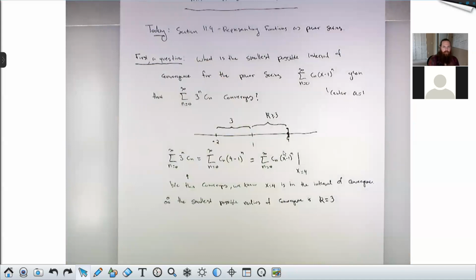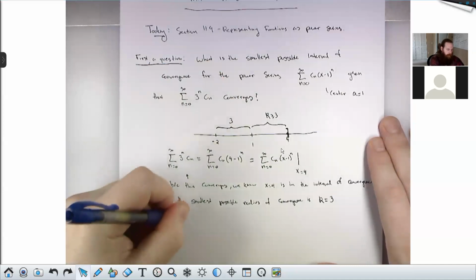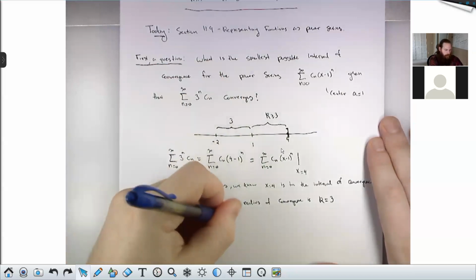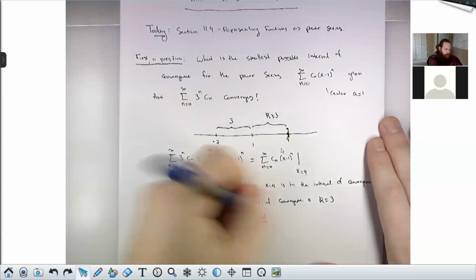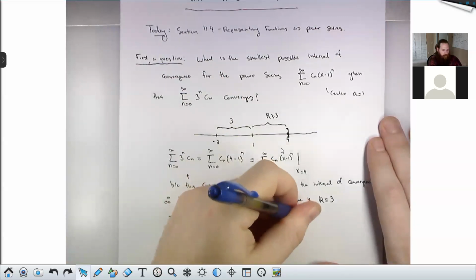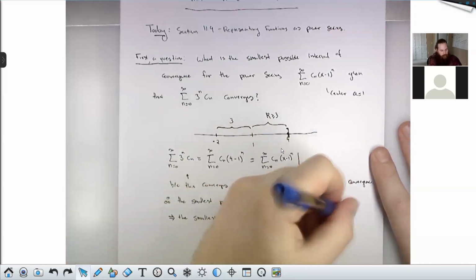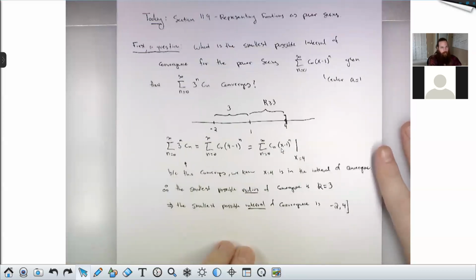Which means my smallest possible interval of convergence is -2 to 4. I know I have to include the 4 because that's where I got this information from.